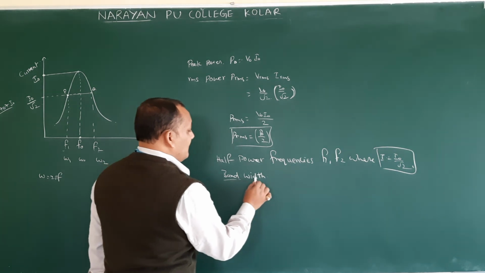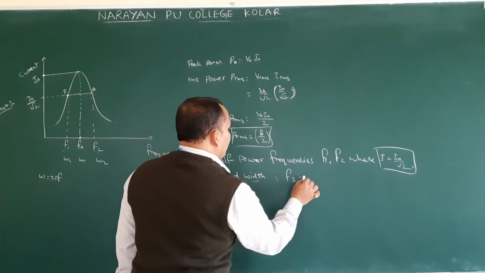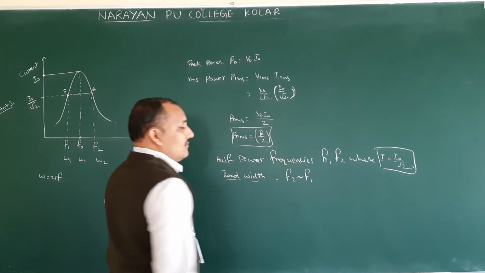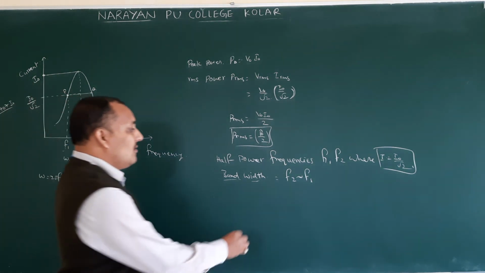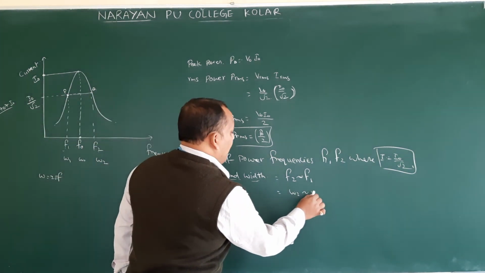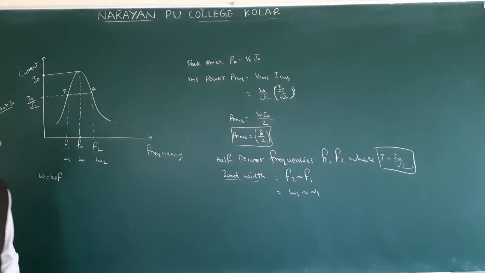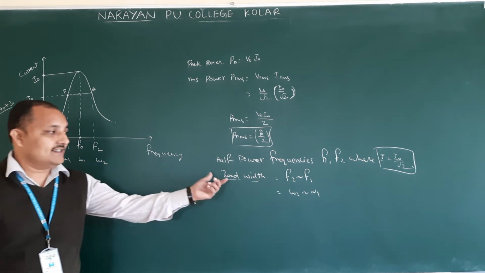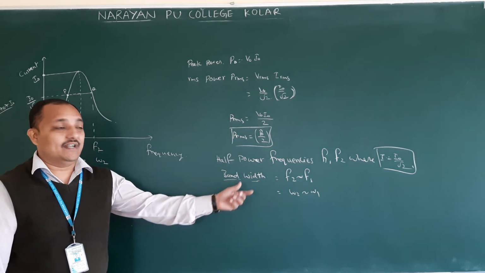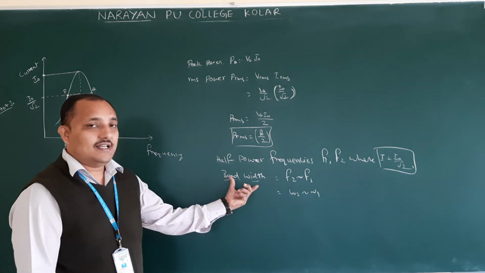So bandwidth is f2 minus f1, which is more minus less, or omega 2 minus omega 1. The difference between two half power angular frequencies or half power frequencies is called bandwidth. We should remember this equation.